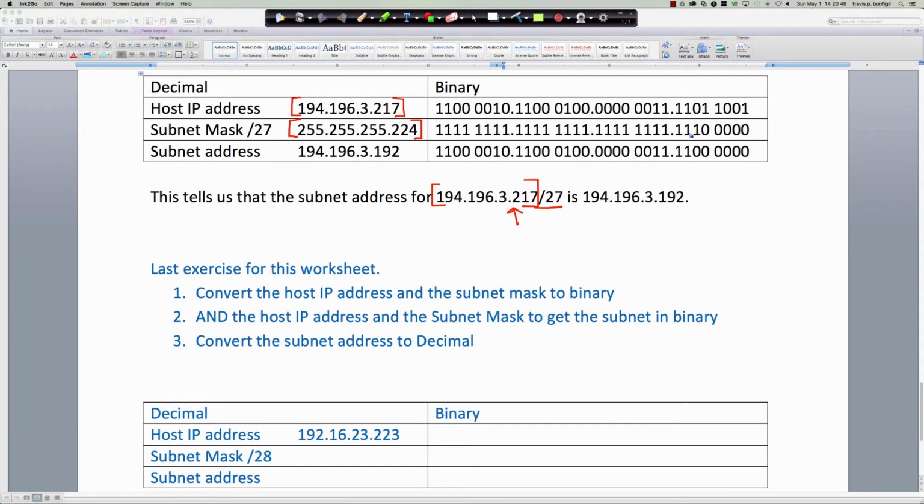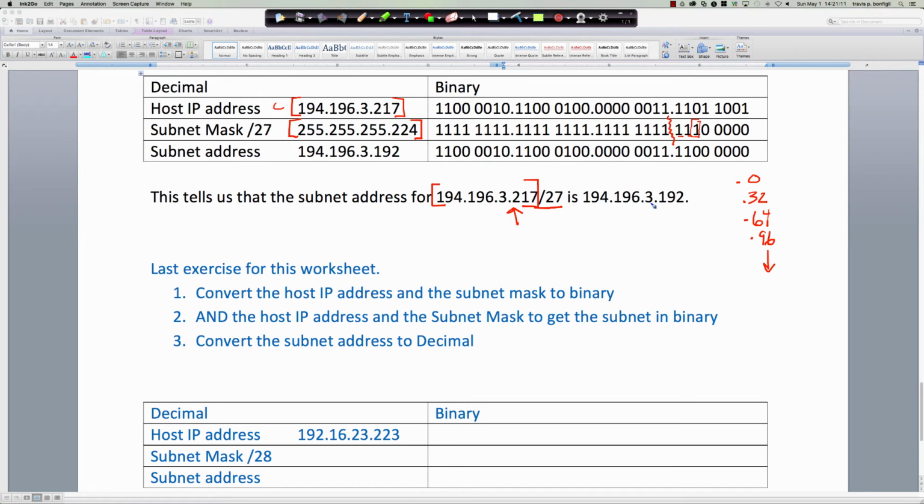So what is my block size? Well, this is a class C address here. So it's a /24 by default. We've got 3 bits that have been borrowed. The rightmost bit value is 32. So my subnets are going to be .0, .32, .64, .96, and so on for the 8 subnets that are going to be created.